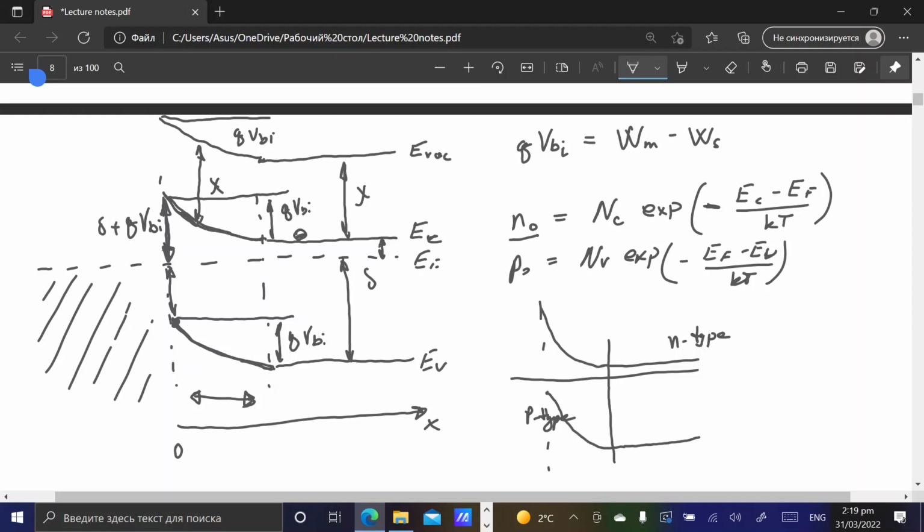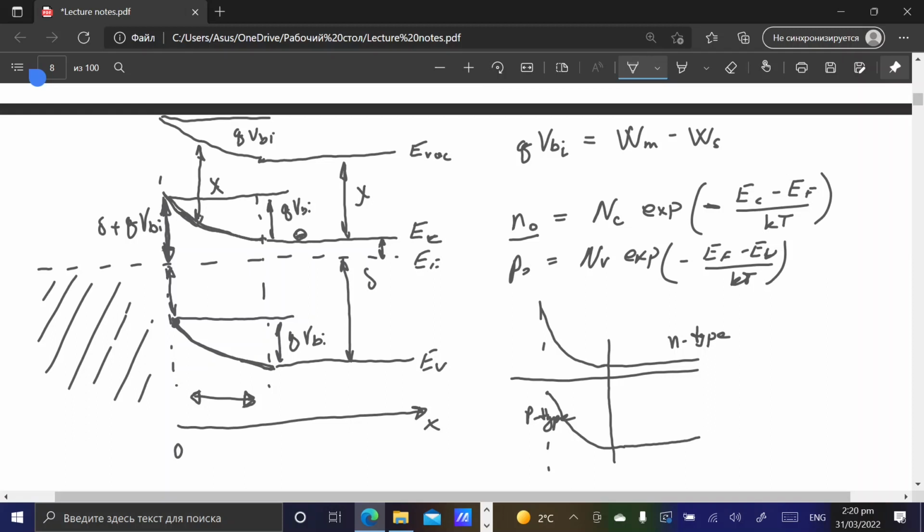So which type of contact does this behavior remind you of? Is it ohmic contact or rectifying contact? Ohmic contact should not possess high resistance and should not show any strong dependence of resistance on voltage.